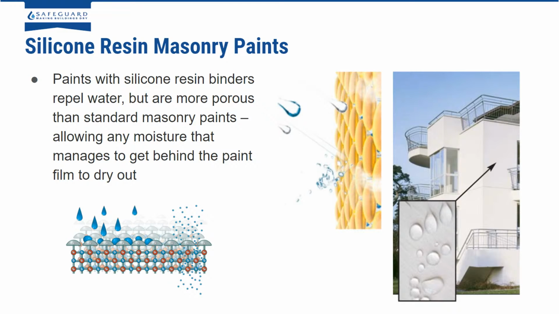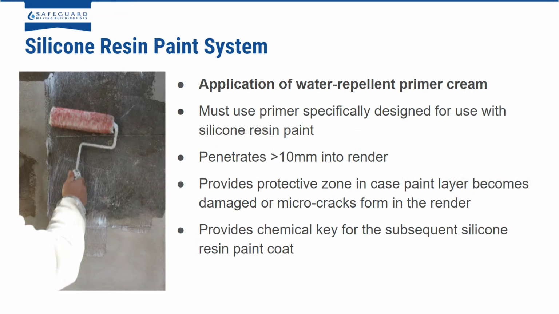So the idea is that the silicone resin binders repel the water, but also have a higher porosity compared to standard masonry paints. In this situation where you're applying this paint, the best process to go through is to apply the water repellent primer cream first, especially onto renders.